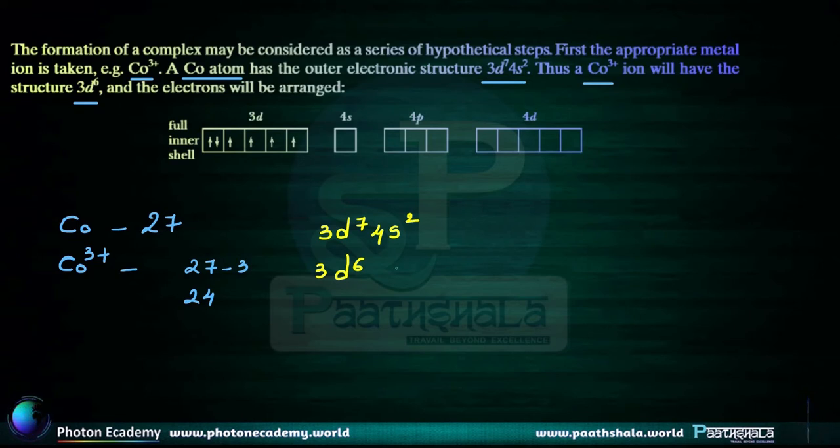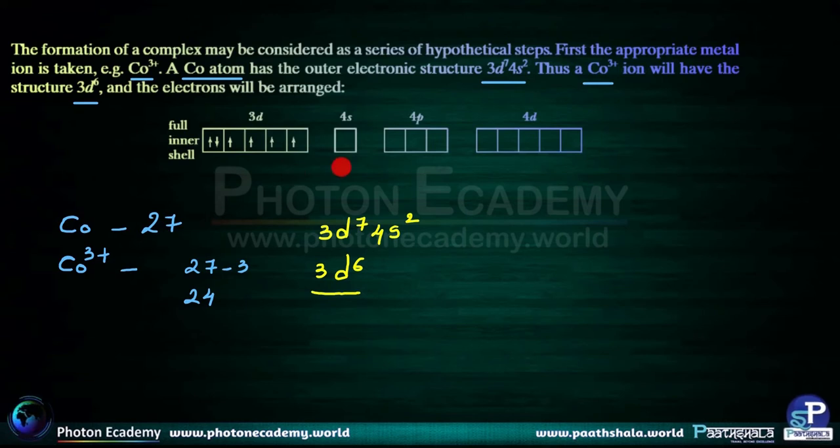Let's understand how to arrange these electrons. Here we have a representation. This is the 3d orbital of cobalt 3 plus, 4s, 4p and 4d orbitals. There are no electrons in the 4s, 4p or 4d orbitals in the cobalt 3 plus ion.